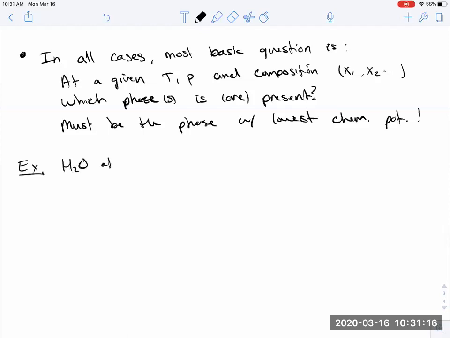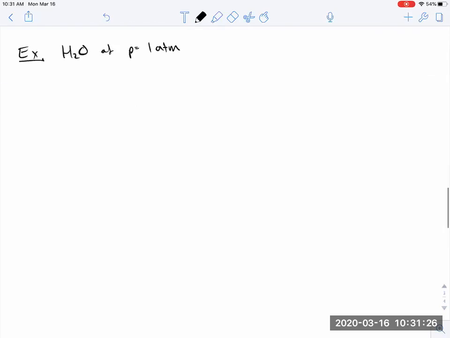Water at 1 atmosphere of pressure. Okay. At 1 atmosphere of pressure and a temperature of 25 degrees C, which phase do you expect to see?